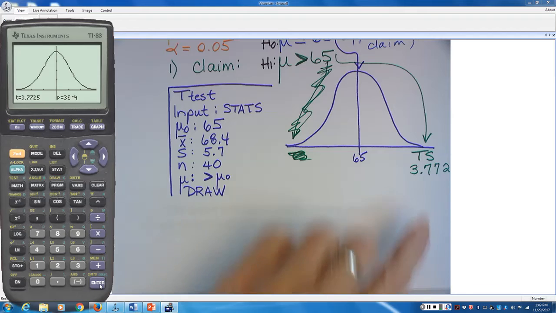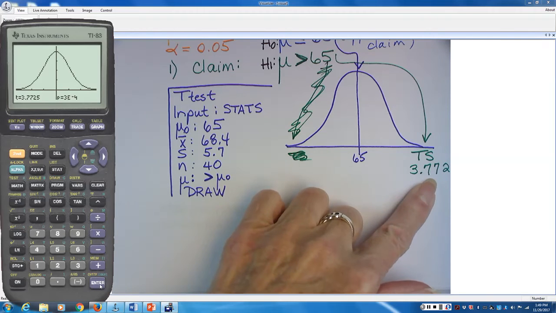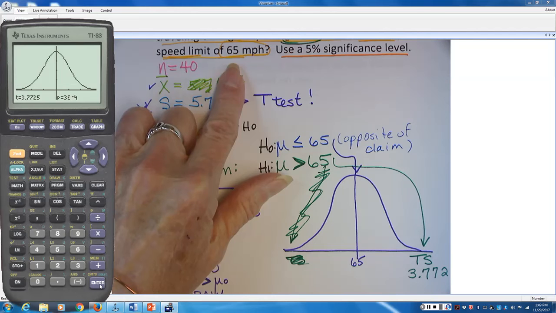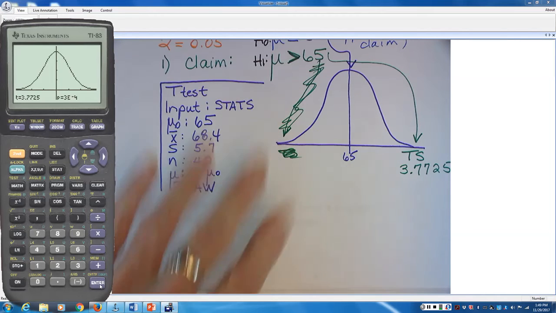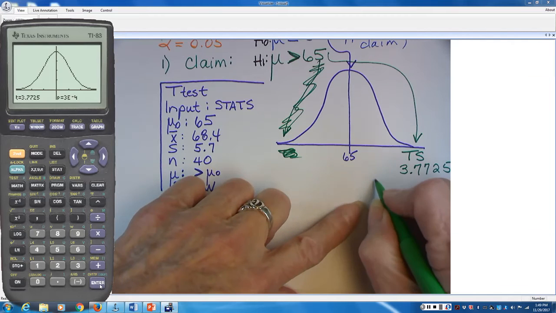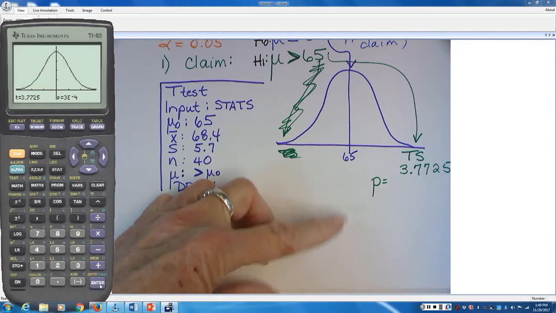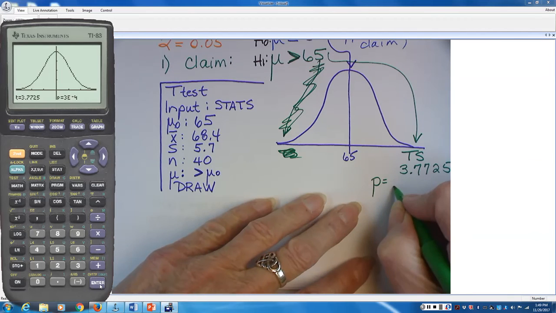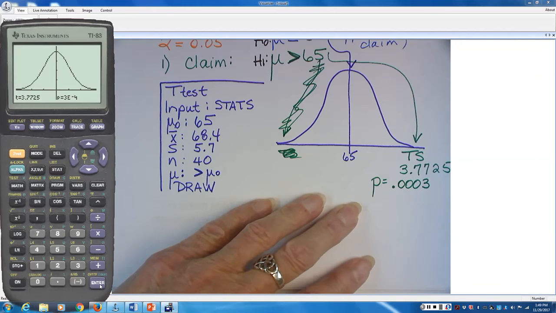So this means that this sample is very unlikely to have come from a population that was following the speed limit, and also because the p-value, and I'm telling you this partly so you'll realize why that p-value is so small, is 0.0003, very nearly 0.